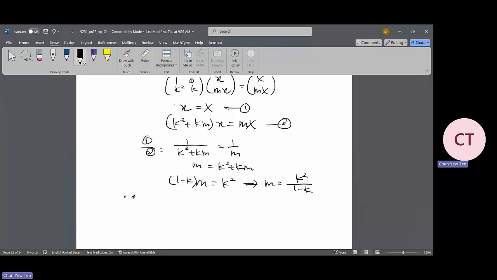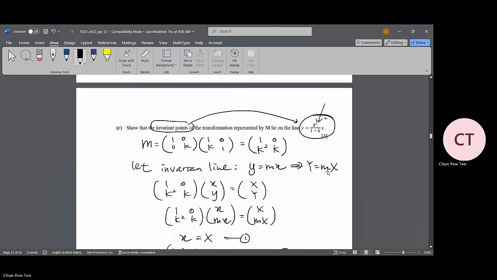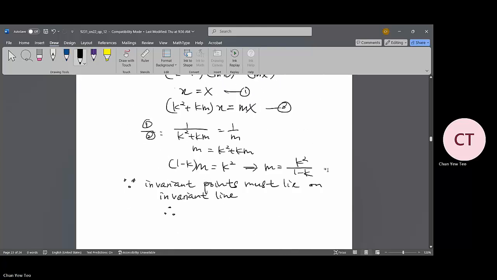So because of the invariant point must lie on invariant line, okay, so therefore, invariant line, what is the invariant line?